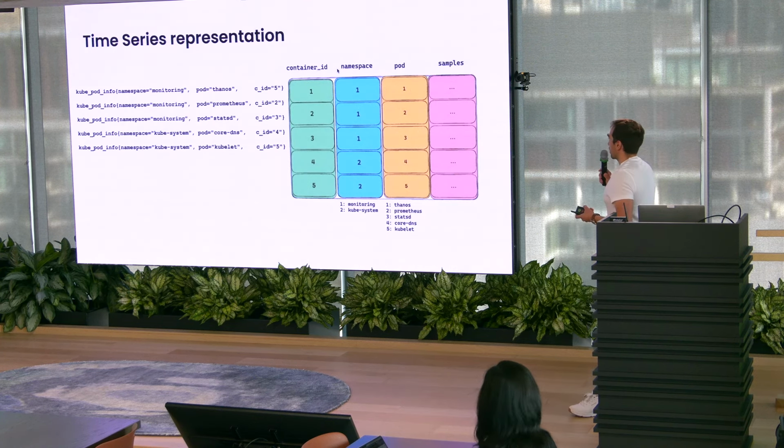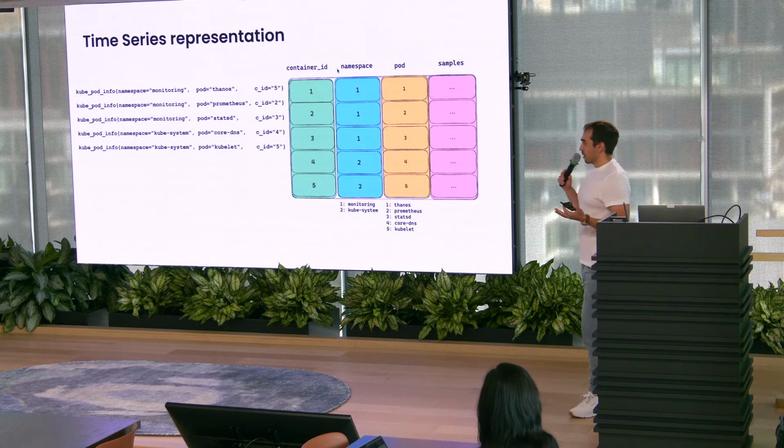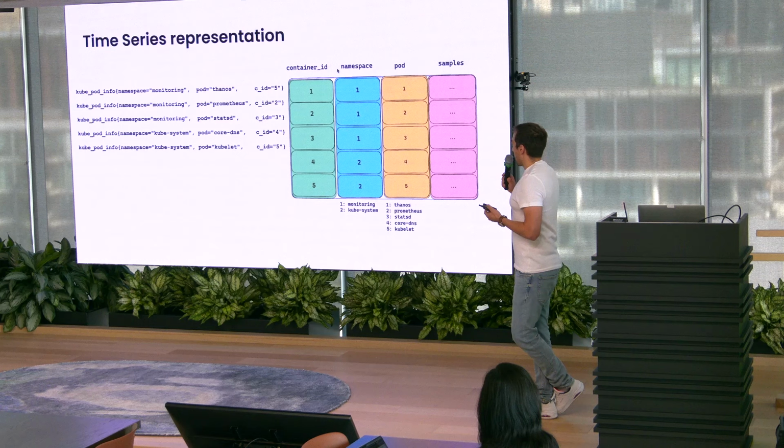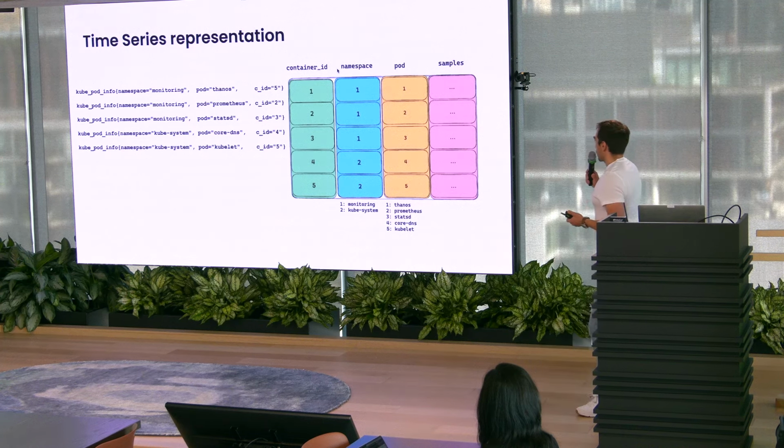Right, so we can think of a Parquet file basically as a table. If we have this data set on the left-hand side, which is a metric with 3 labels, the way that we would represent that metric in Parquet is we can create a separate column for each label.